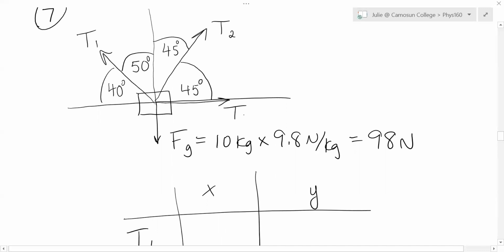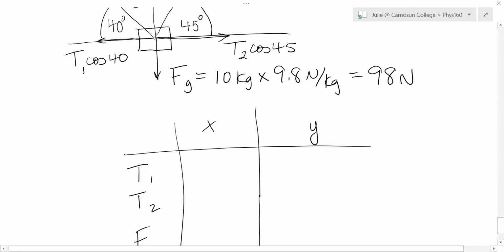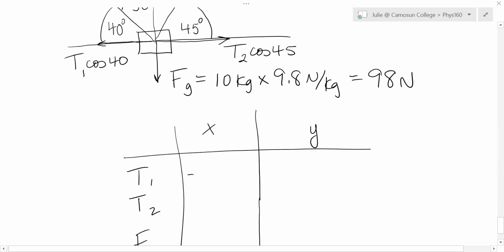So if you're just much more comfortable using that, this would be the cos. This would be T2 cos 45 for X. And this one would be T1 cos 40, pointing left. But you'll see that cos 40 is exactly the same as sine 50. So it doesn't matter whether you use cos 40 or sine 50, you're going to get the same number for T1x. But I'll use those cos ones.